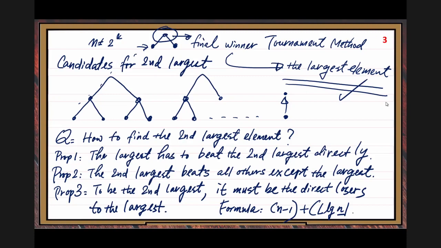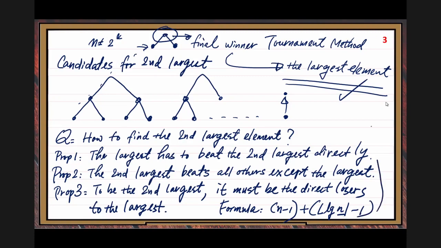But the number of candidates is this floor function, and we need to find the largest among these candidates. So another minus 1.